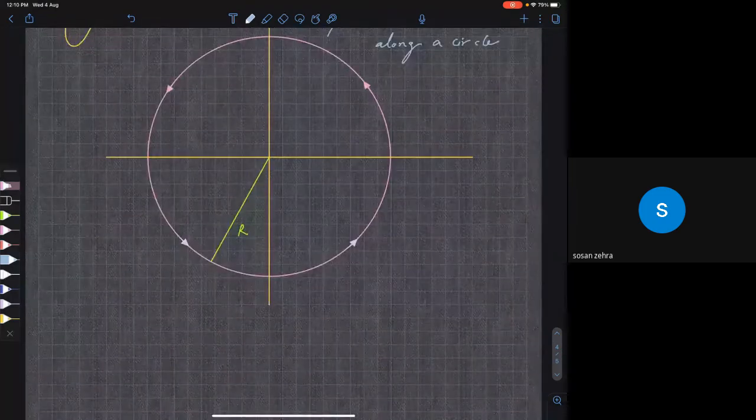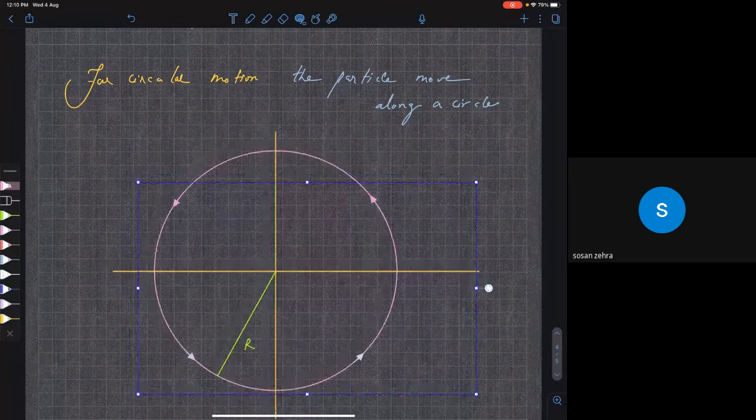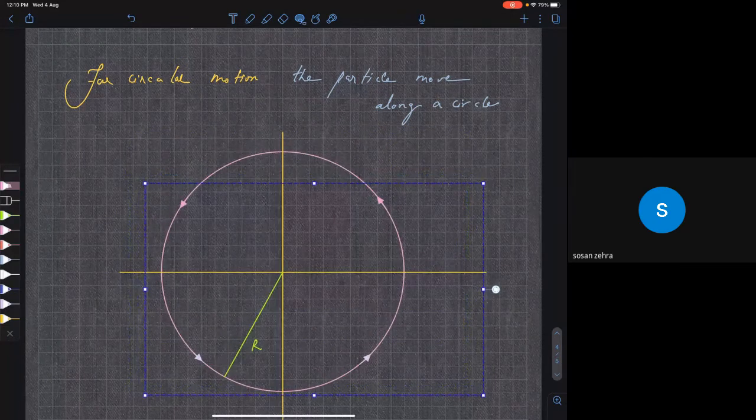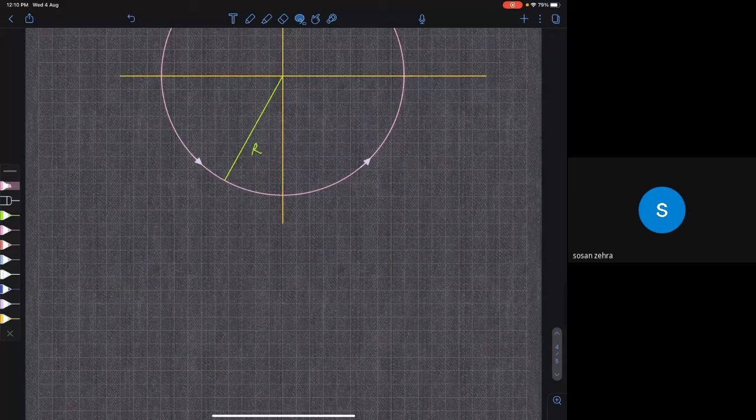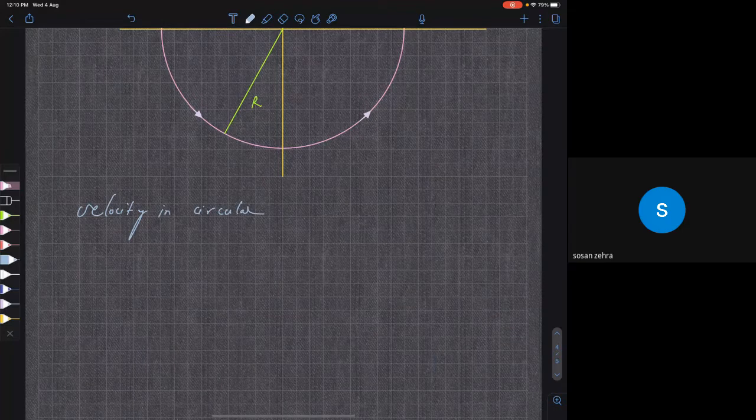Now, first thing is very clear that in circular motion, is velocity constant? No, sir. Velocity in circular motion cannot be constant. Why?